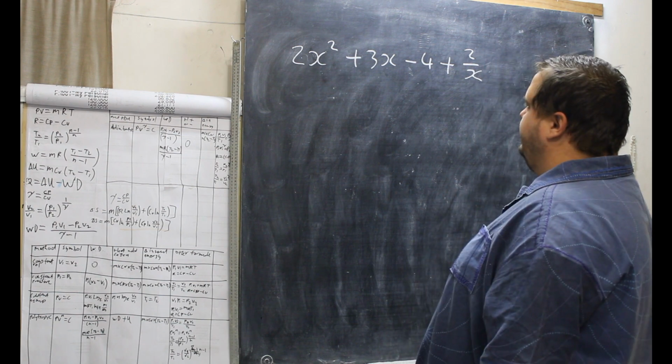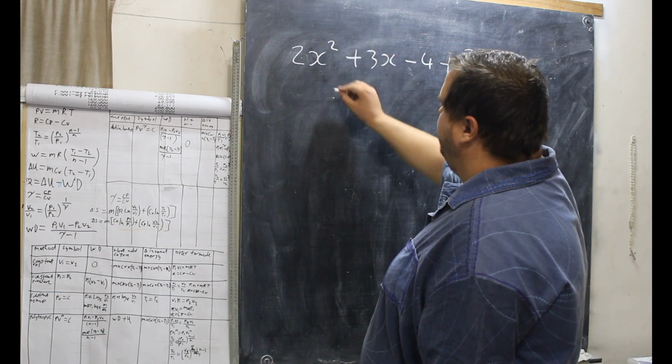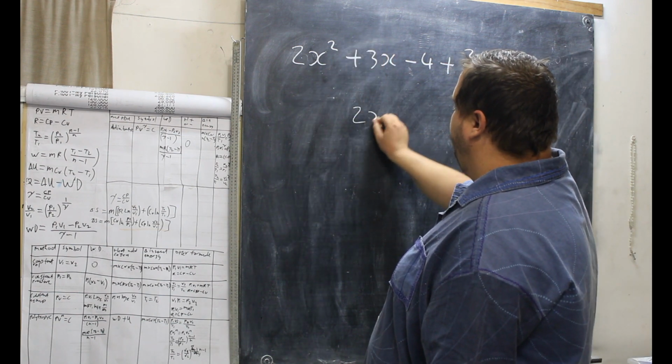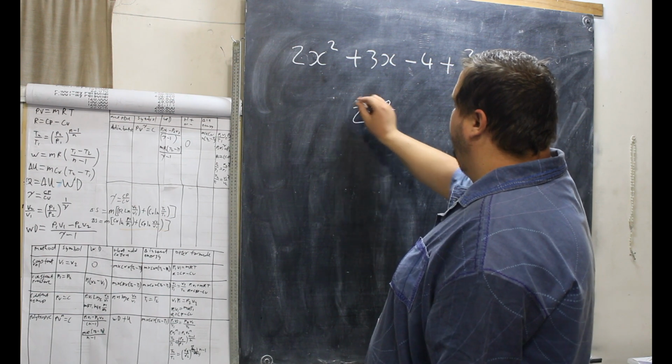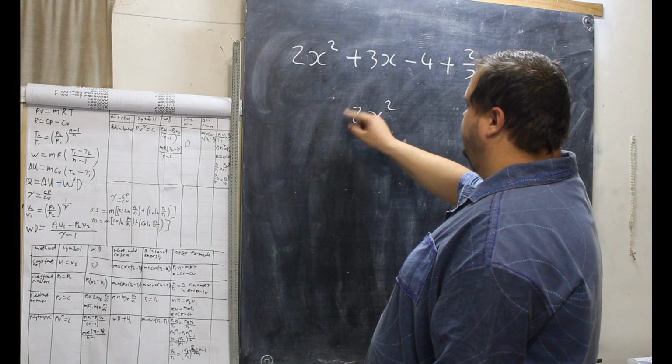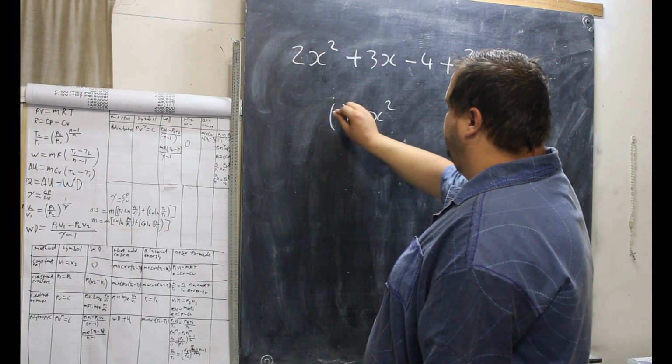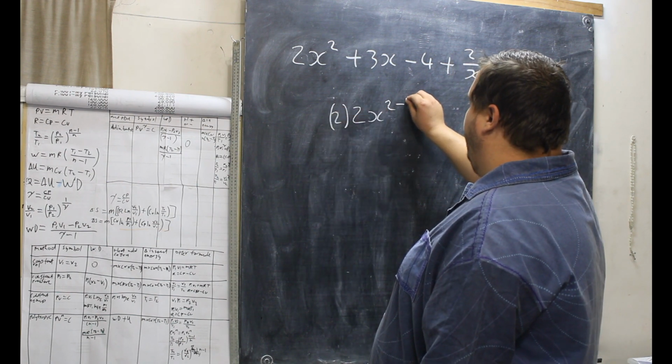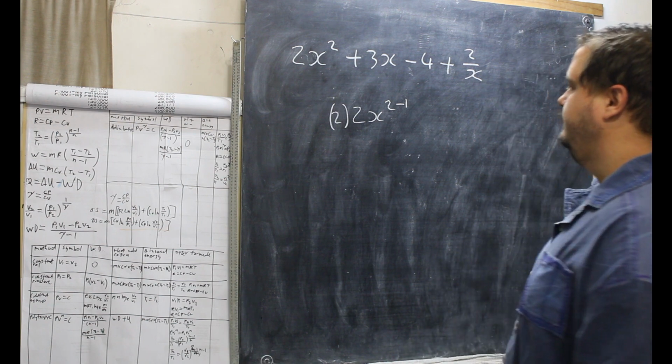So in this particular case, this here is 2x squared. Now we're going to multiply by our exponent over here, and the exponent is minus 1.